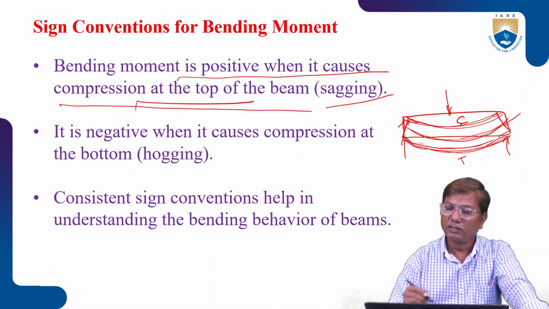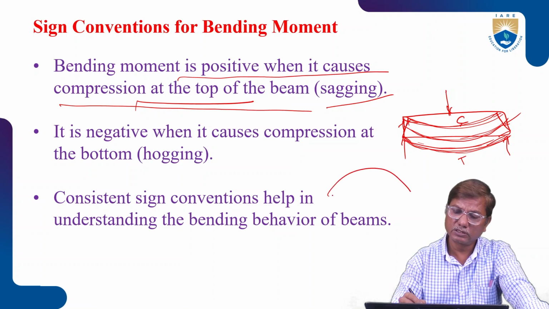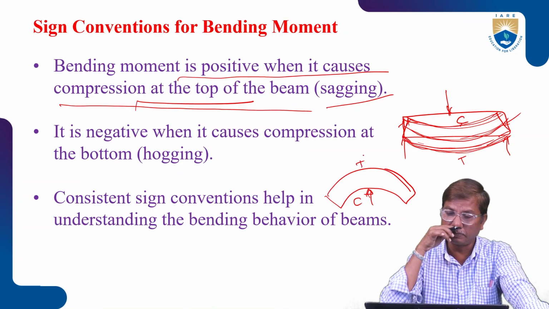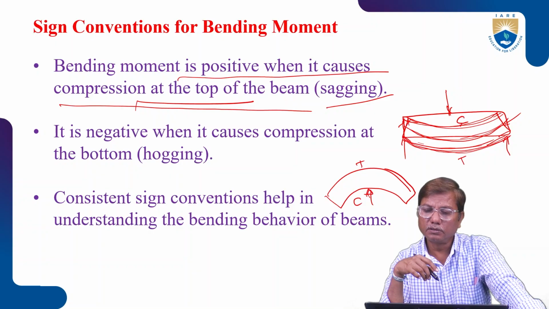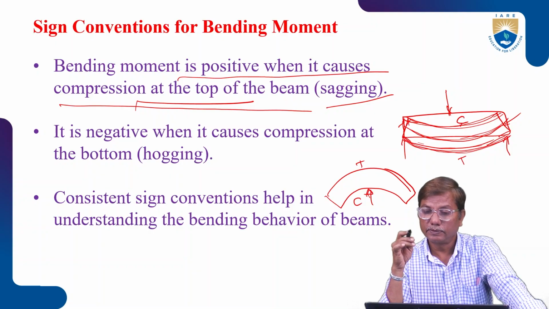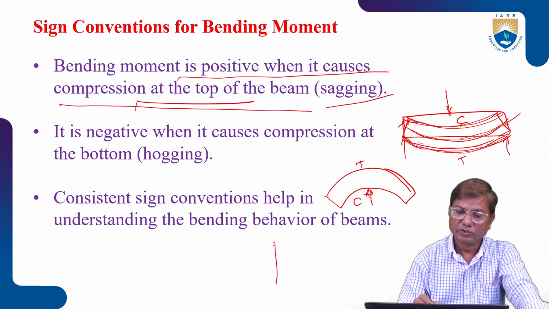And where do we come across negative? Which causes compression below and tension above. Compression in the bottom fibers, and tension in the top fibers. Where do we come across this type of bending? Think of it.